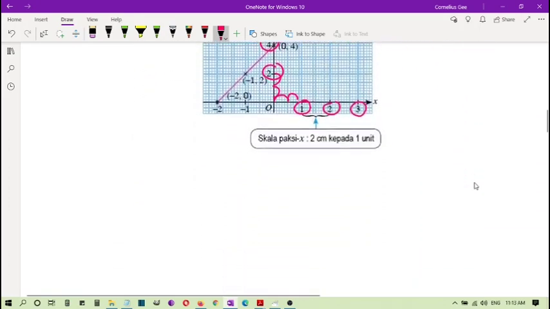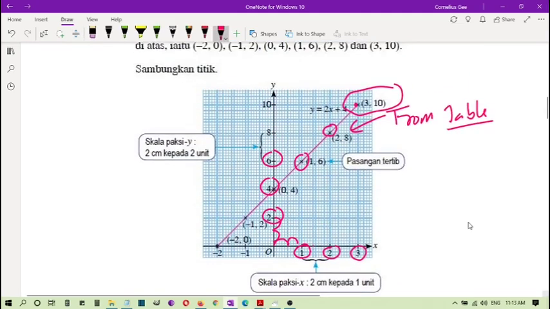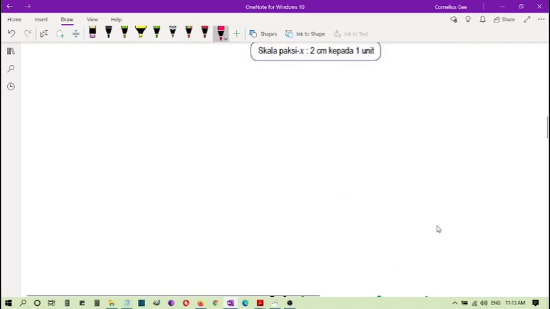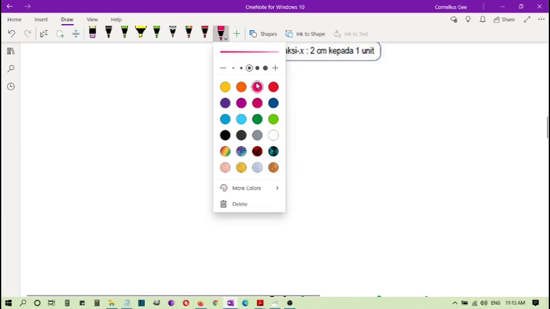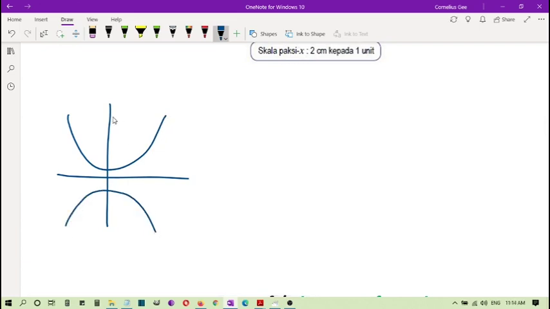Of course, you not only draw a straight graph like this. You'll be drawing a lot of graphs. There will be a few graphs that you draw. If I remember, some of the graphs that you're going to draw will be a quadratic graph, something like this or like this. So this is x, this is y. Or sorry, this is y, this is x.